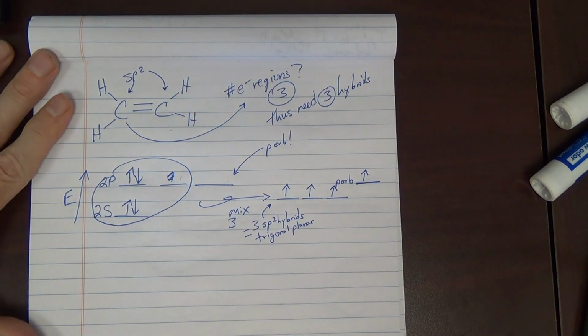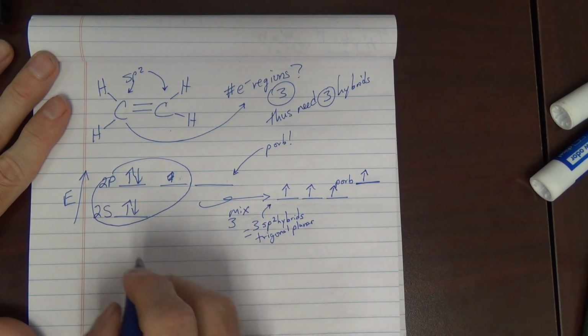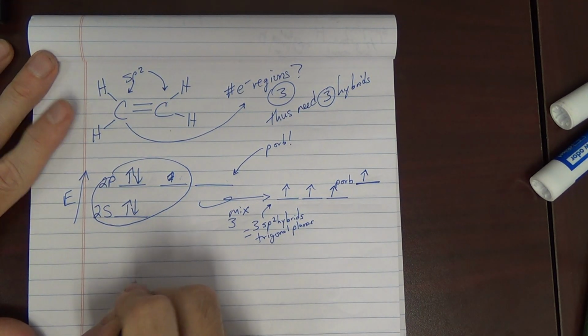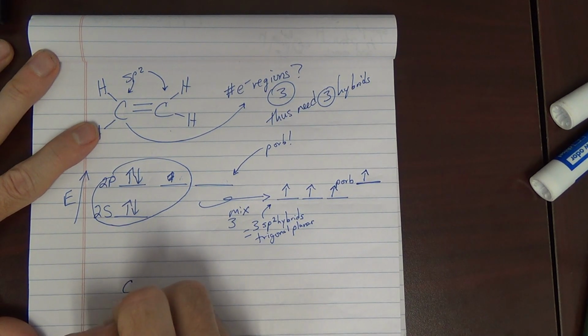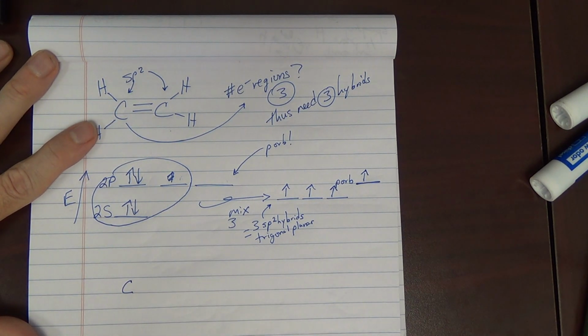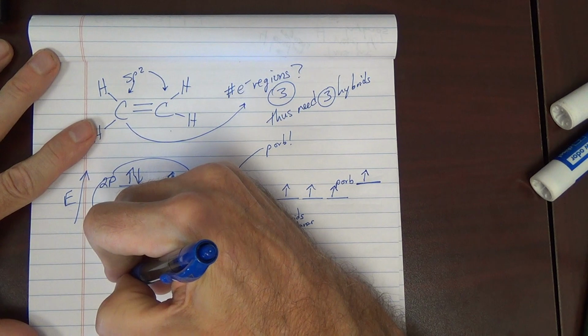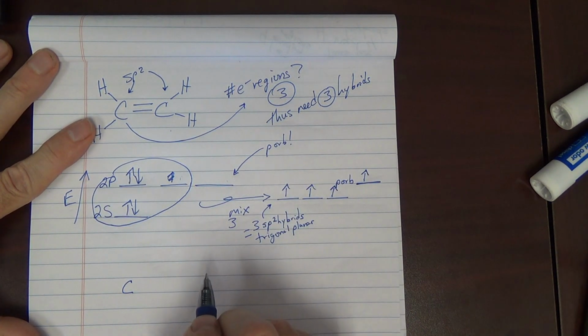I'm going to go to, let's draw a carbon. Here. Let's put this carbon here. And 3 hybrids around it. I'm not going to try to make these sp2s look any different than the sp3s, although they are.